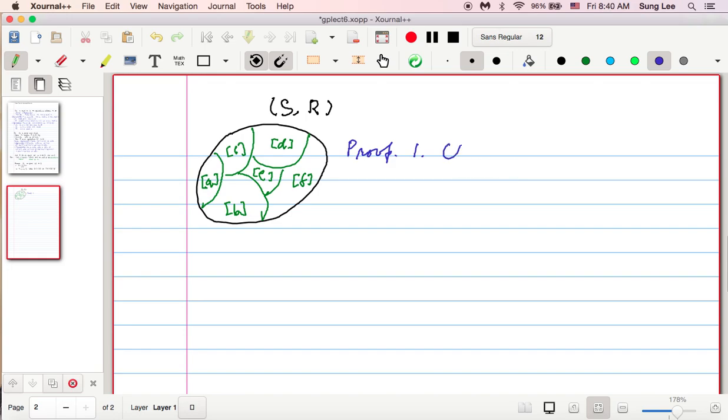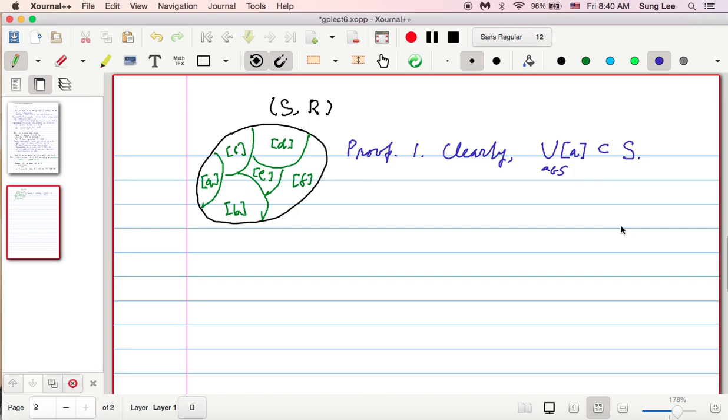Clearly, the union of all equivalence classes is a subset of S, obviously. If you know, and I'm sure you do, the basic properties of sets and subsets.